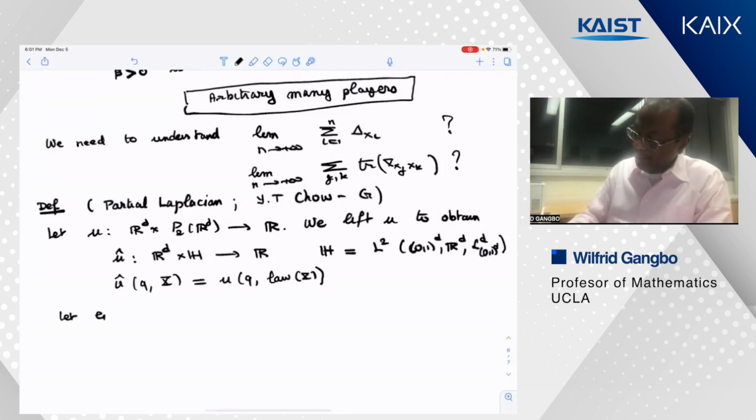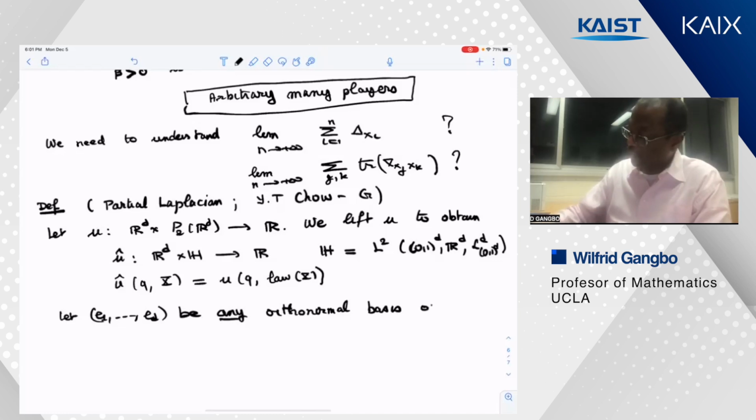Let E1 to ED be any orthonormal basis of Rd.